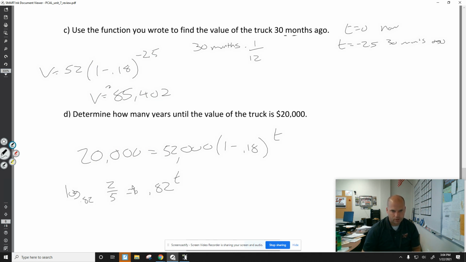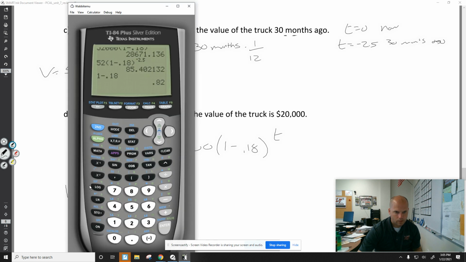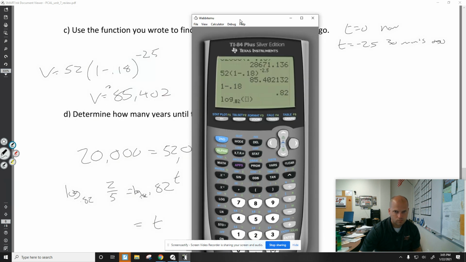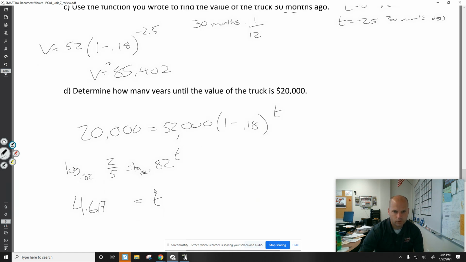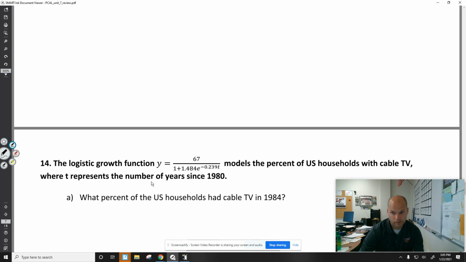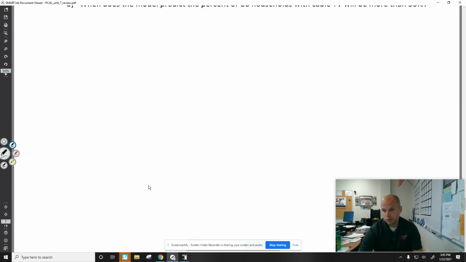That'll undo 0.82 to the t. Use your calculator for this. 4.617 years. Not many years.